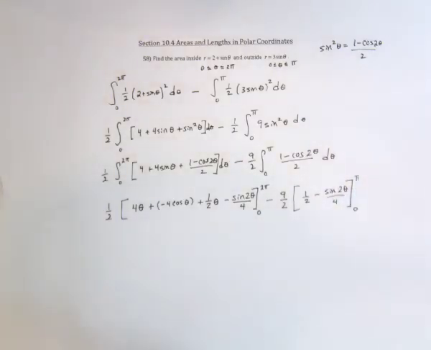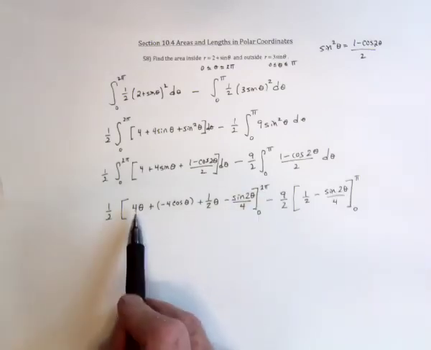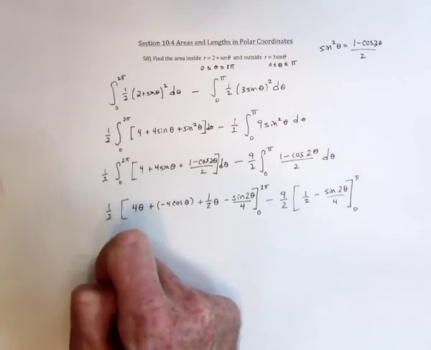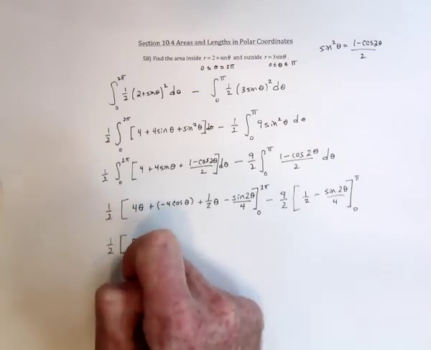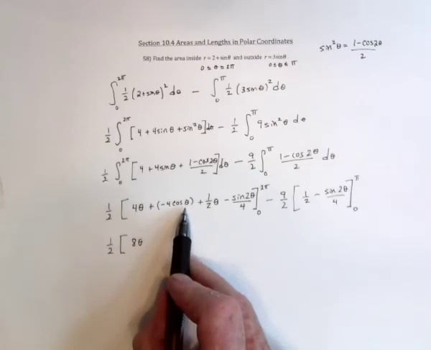Now substitute 2 pi. This is going to be 8 pi. Cosine of 2 pi, at the end of one cycle, is 1, so this is 1 times the negative 4.